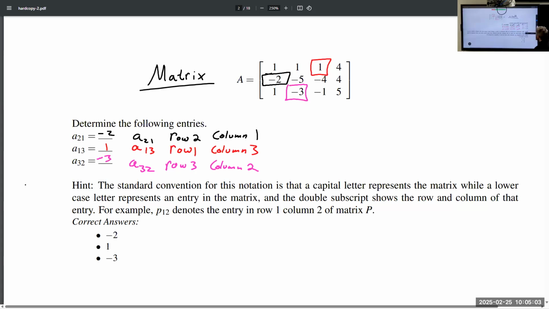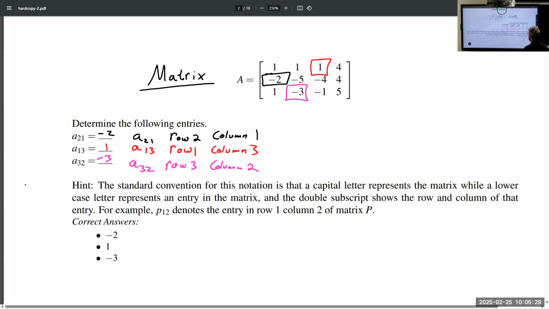Okay. Later, we will actually have to compute some things with our matrices. Today we're going to learn how to add, subtract, and multiply with matrices. But for the first few problems, we're just identifying where things are. It says, note, the standard convention for notation is a capital letter to represent the matrix, while a lowercase letter represents the entry in the matrix.